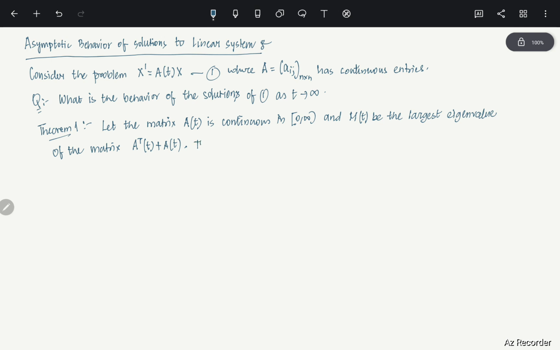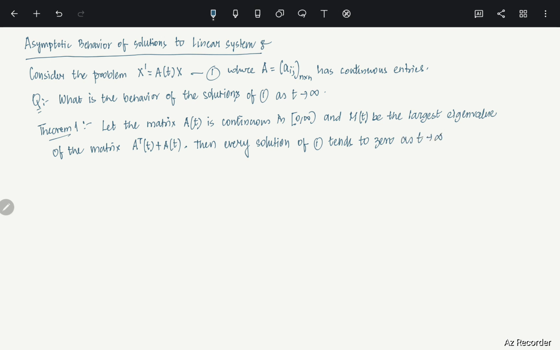Then every solution of (1) tends to 0 as t tends to infinity. Clear?